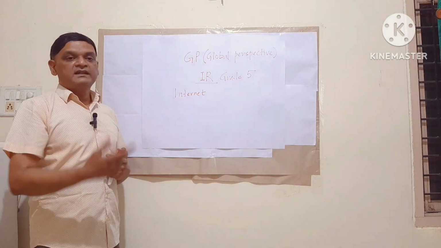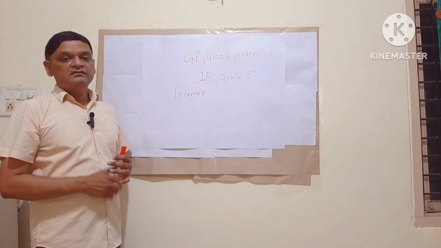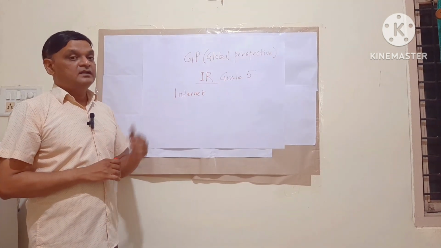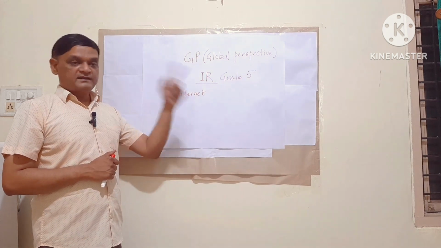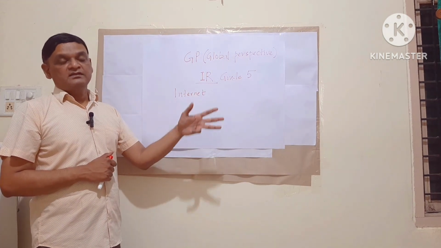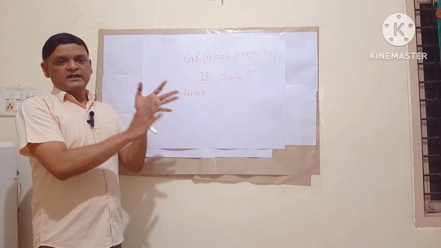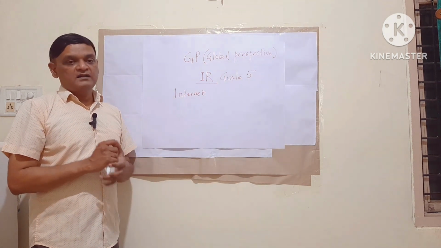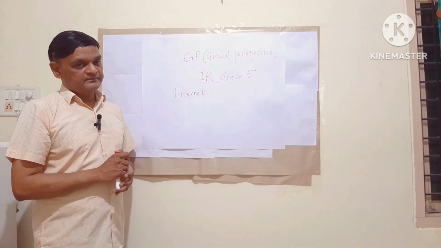So let me do a recap. While doing an IR for a standard 5 style, it has to follow Bloom's taxonomy. The first is research, next is analysis, third is evaluation, fourth is collaboration, which you can omit in an IR, then reflection, and at the last the communication or submission part.